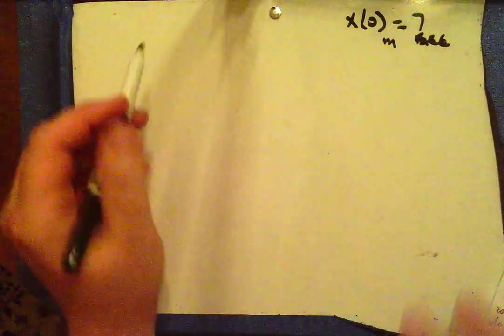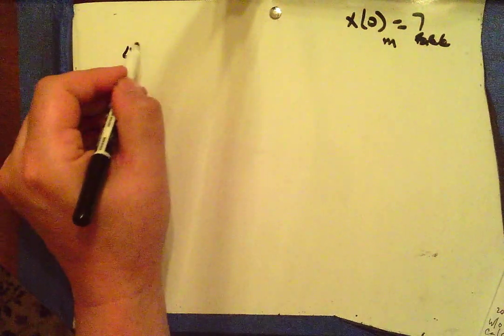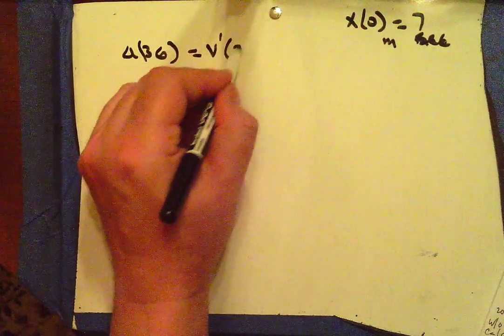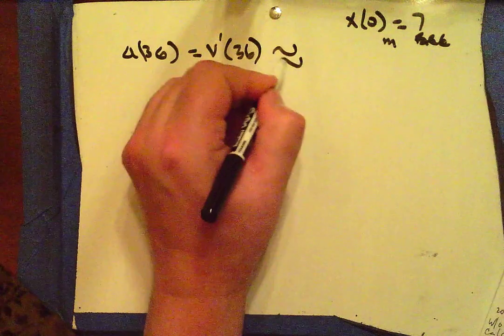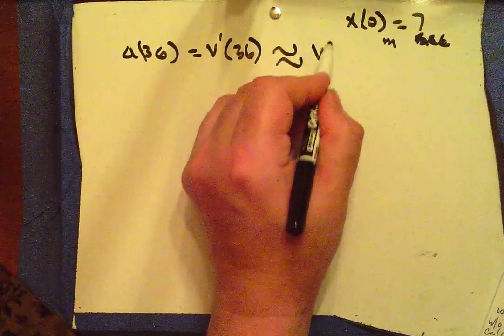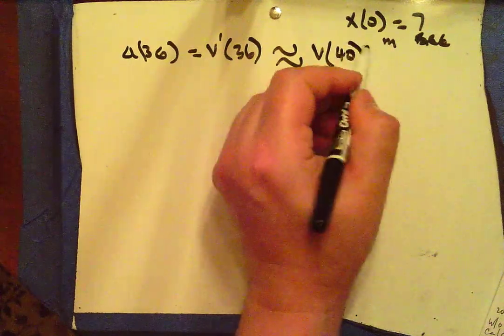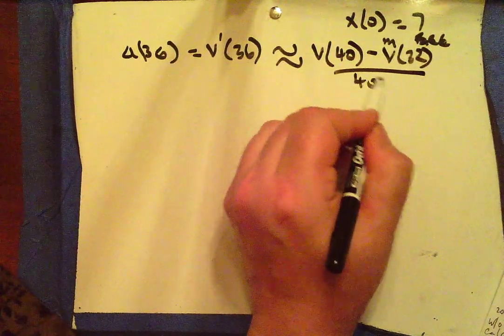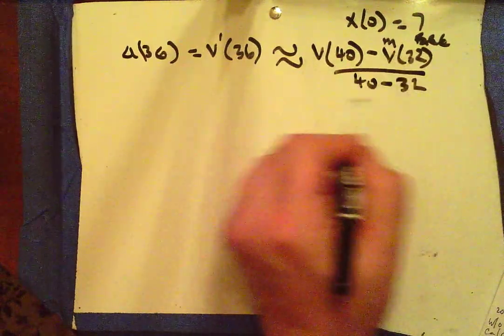Estimate acceleration at 36. So a of 36 is v prime of 36, which is approximately, that's instantaneous rate of change, I can use average rate of change: v of 40 minus v of 32 over 40 minus 32. We can't stop here.